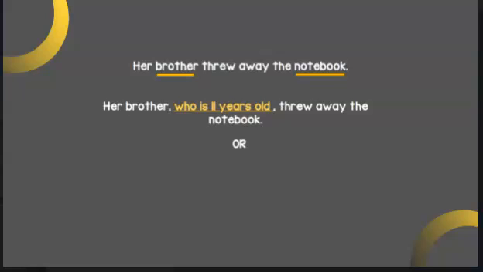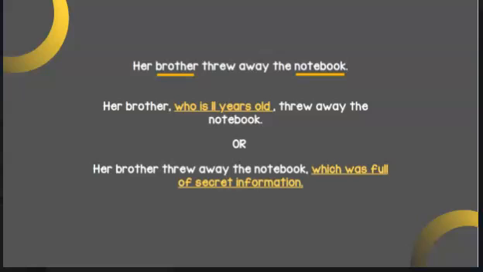I have to use a different one, so I've decided to use which, and I've gone for this relative clause: which was full of secret information. So, her brother threw away the notebook, which was full of secret information. That's given extra information about the noun notebook, and again, that relative clause begins with a relative pronoun.